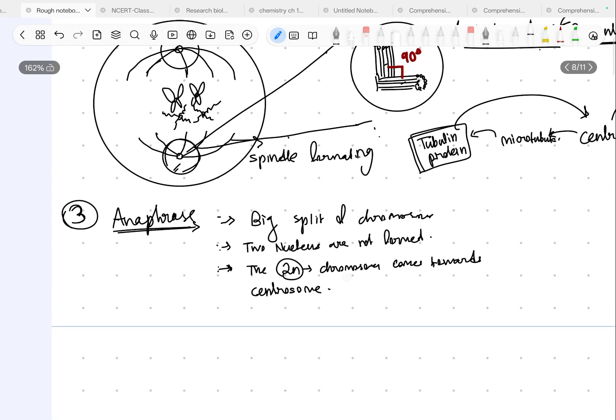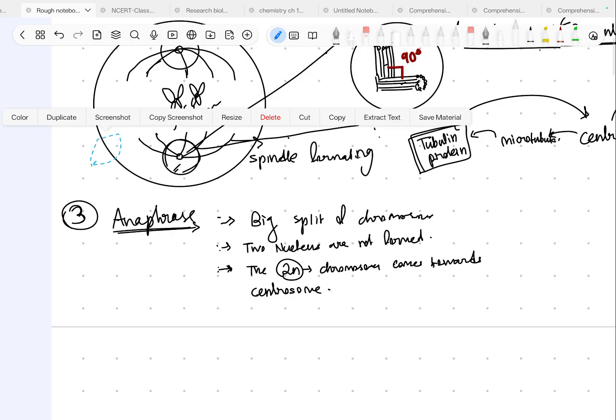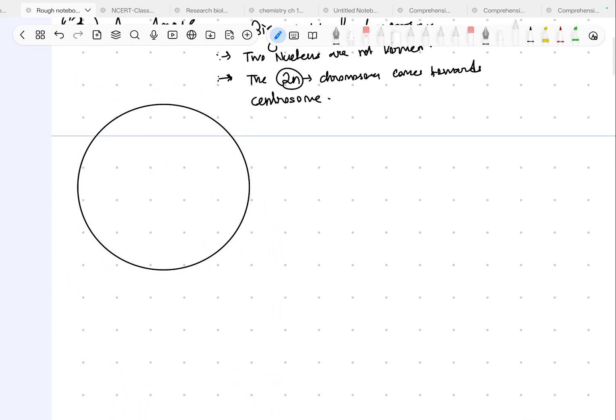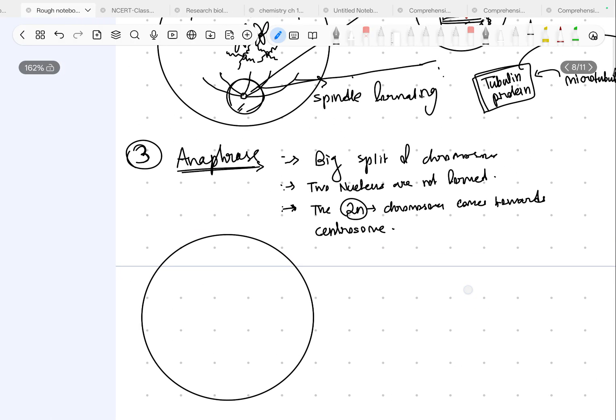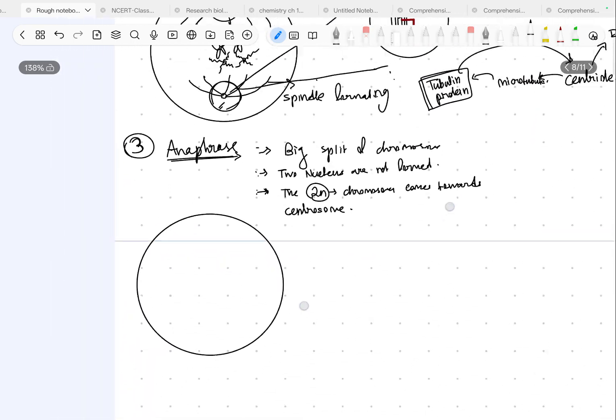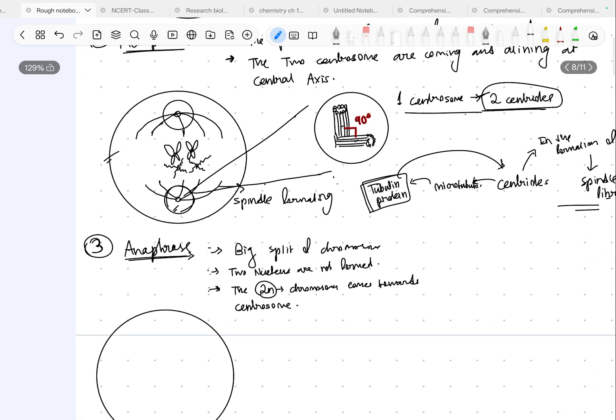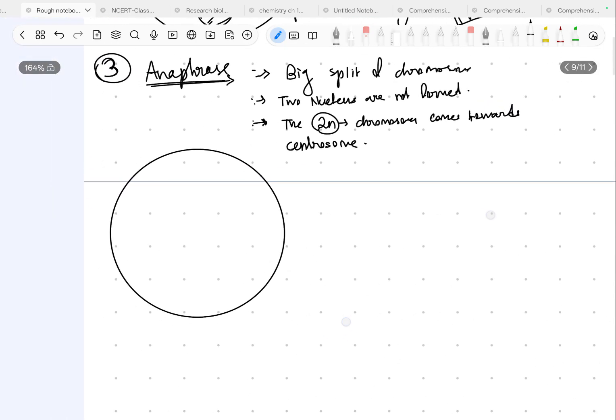What actually occurs, let me duplicate it and explain. What we are seeing here: the spindle fiber formation was going on. Now the big split will occur.